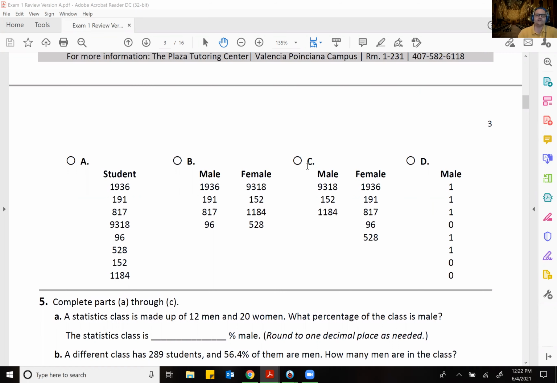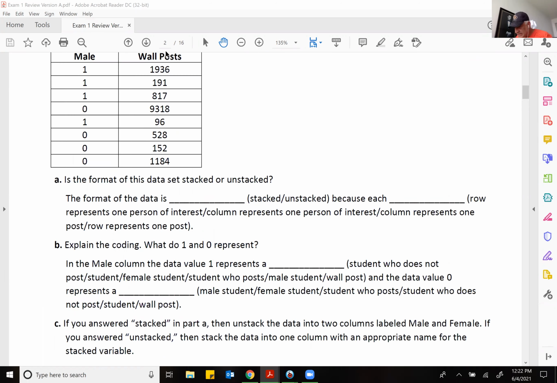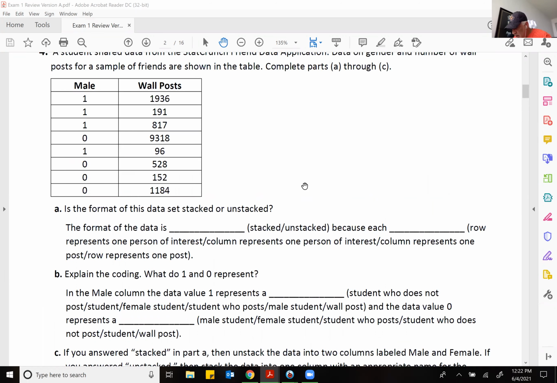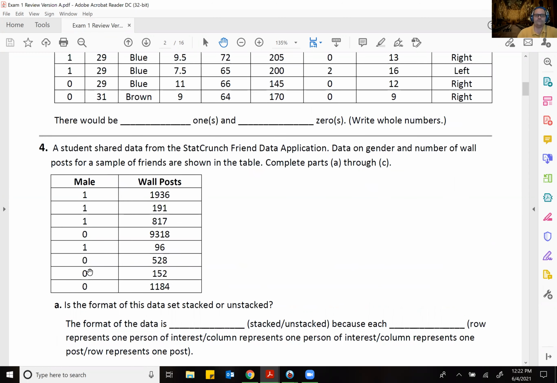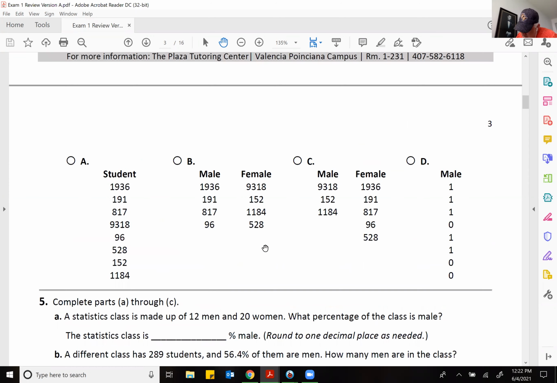So which one of these is obviously off? C. Why is C off? Because they have 5 female pieces of information right here, but up here we only have 4 females. So by process of elimination, the answer must be B.